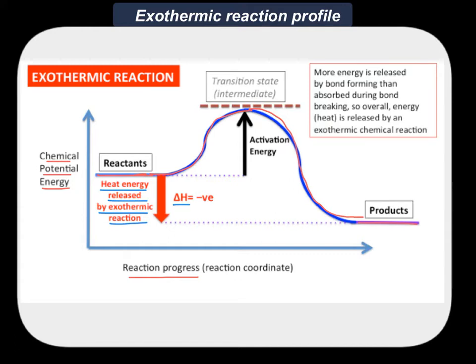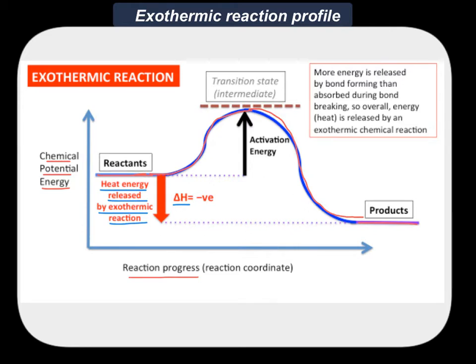The arrow's pointing down, so this delta H, if we were to take away the energy of the reactants from the energy of the products, because the reactants will be a higher number and the products a lower number, this will have a negative value.